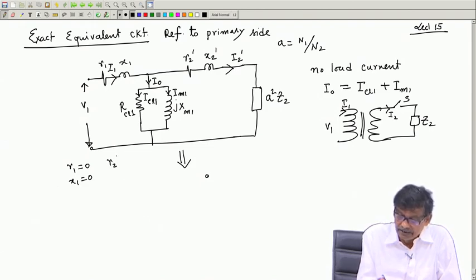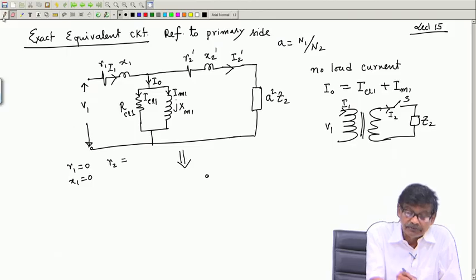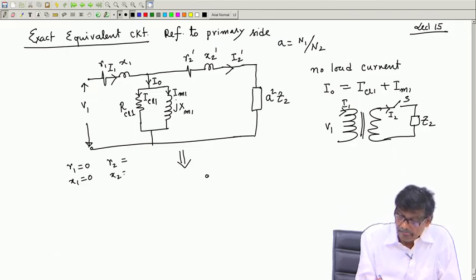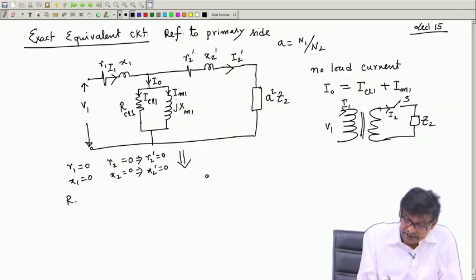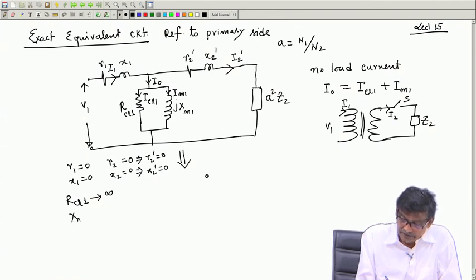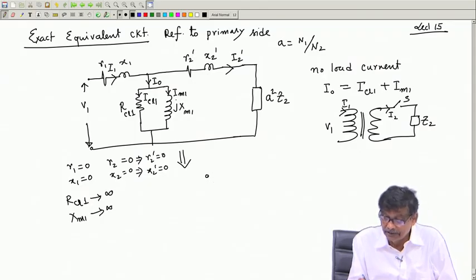Similarly, secondary coil resistance is 0, R2 is 0, X2 is 0, which implies R2 dashed is 0, X2 dashed is 0, and RCL, core loss 1, going to infinity, XM1 going to infinity.